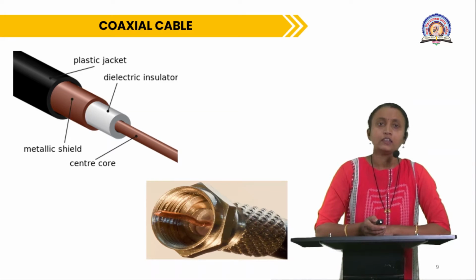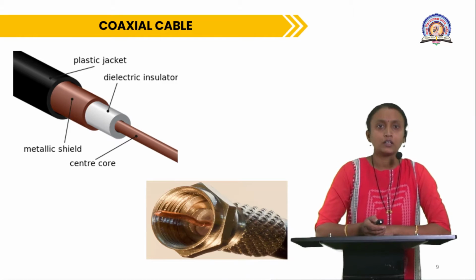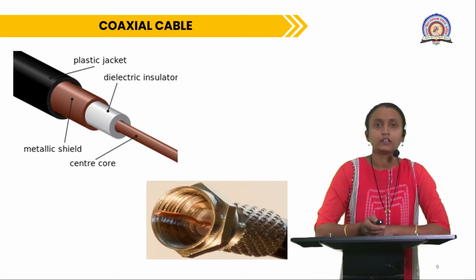After that, there is again an outer conductor, a metallic shield, which is also made from copper and insulated by metal foil, braid, or both. And this whole structure is enclosed by a plastic jacket for protection from outside environmental factors.